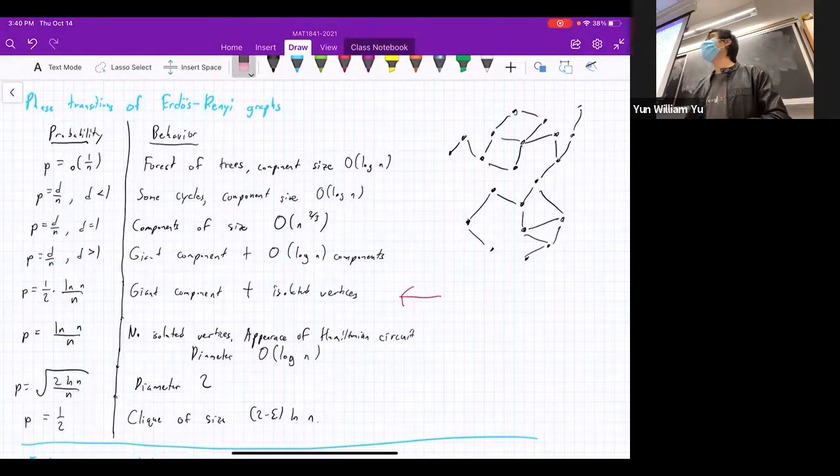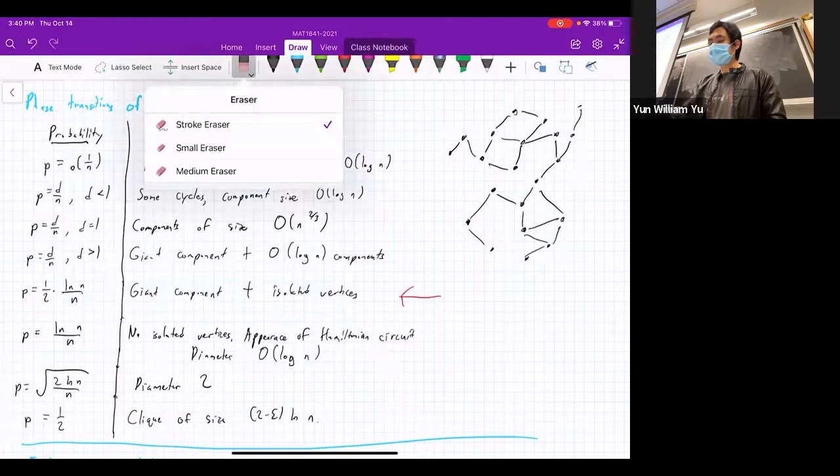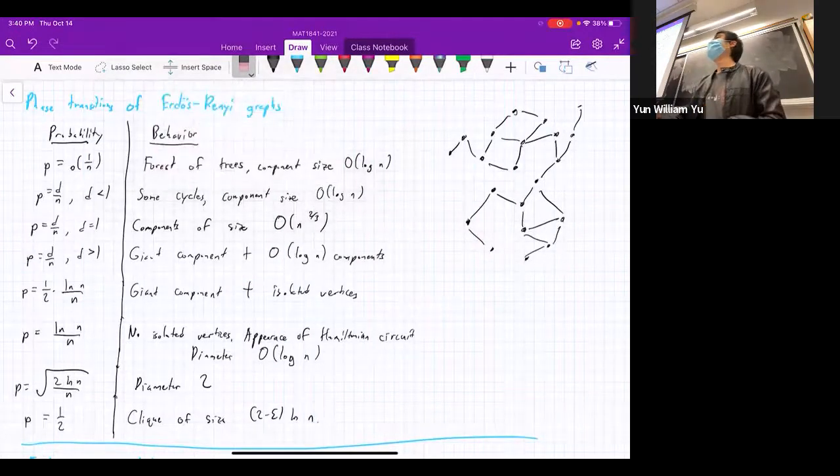At some point, it becomes unlikely to have any vertices that are on their own. It turns out this is a fairly easy argument to make because all you're doing is counting up the number of isolated vertices, and so we can make use of all our same techniques, just count the number of isolated vertices, and that gives us where that phase transition happens.